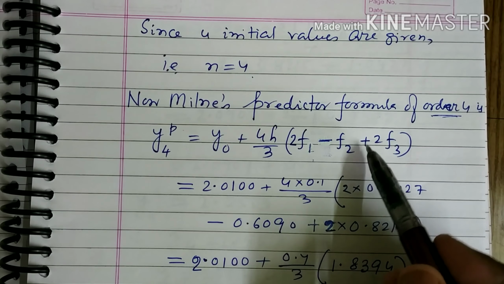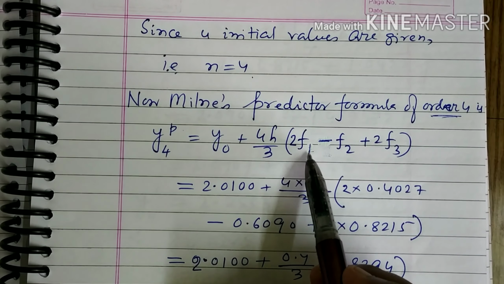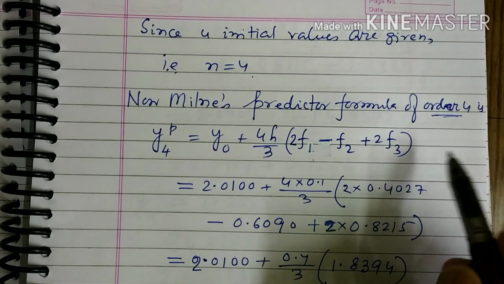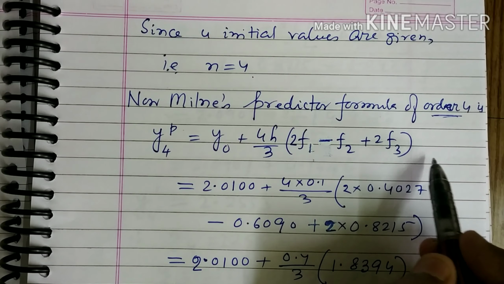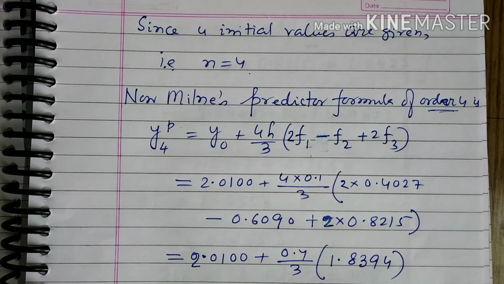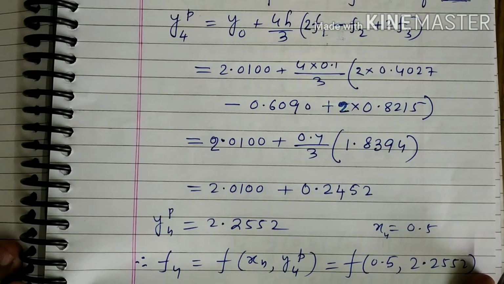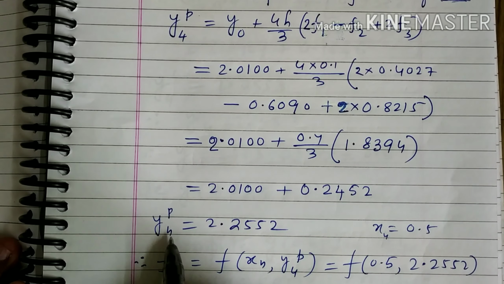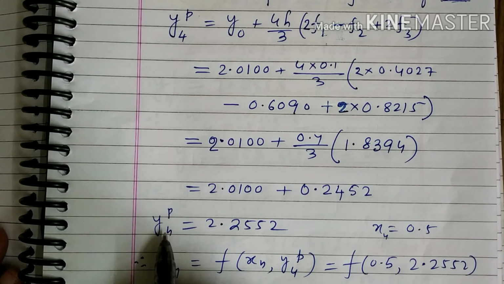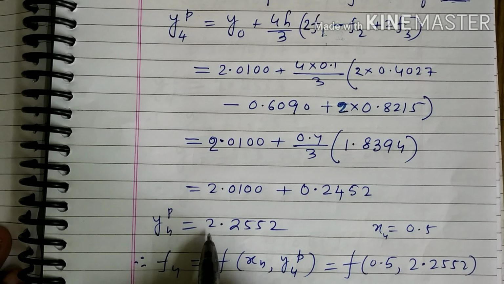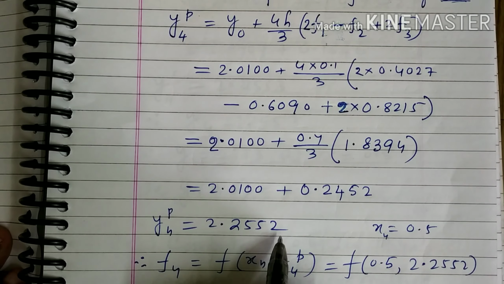Now substitute the values of y0, h, f1, f2, f3 in this equation, from which we can calculate y4p. After simplification we have 2.2552.